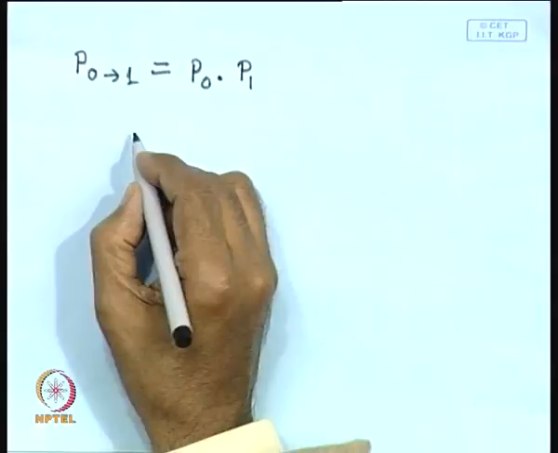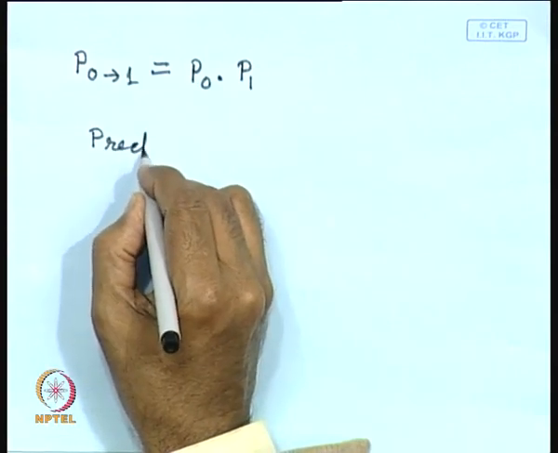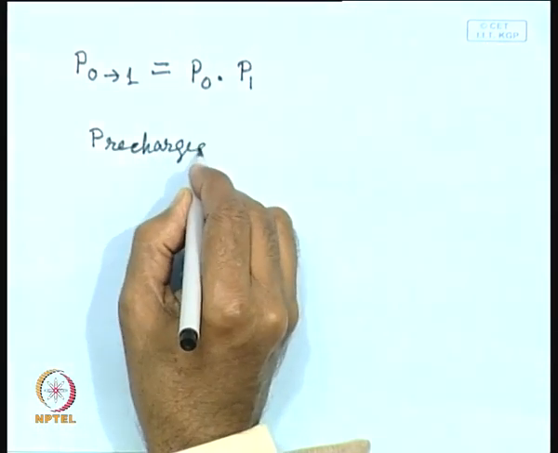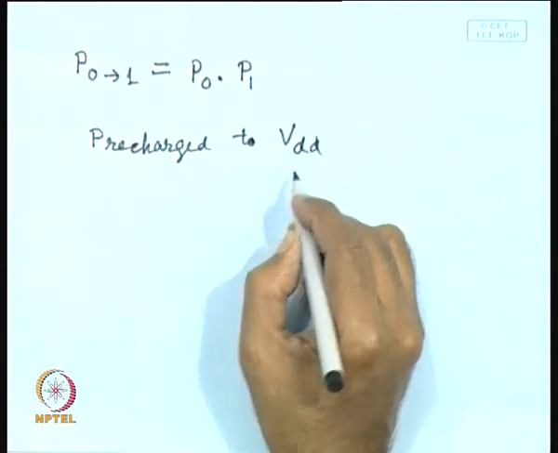And also you have discussed how the switching activity changes as you change the fan-in. Now, what about dynamic CMOS circuits? In dynamic CMOS circuits, we know that the output is always precharged to VDD.